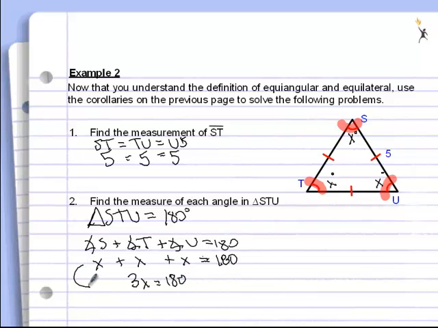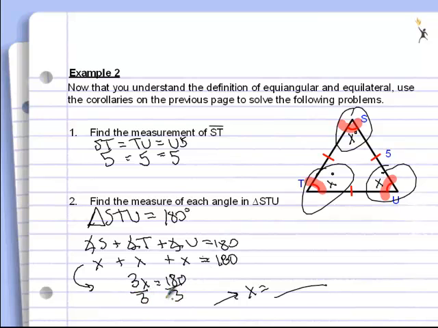Going from here to here, you can see how you need your algebra. Now, how could I solve for just x? Because remember, x represents one of these angles. Each x represents an angle. So if I can just find one of the x's, I'll find the other two because they're all the same. In order to solve this, what mathematical operation do I need to do? I need to do division.